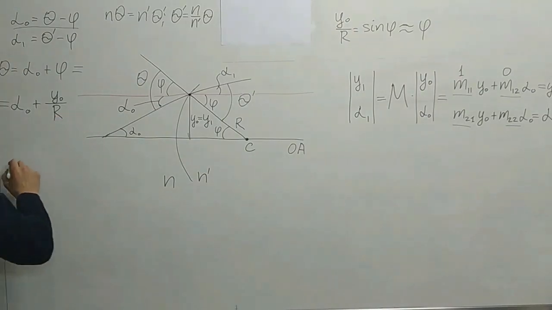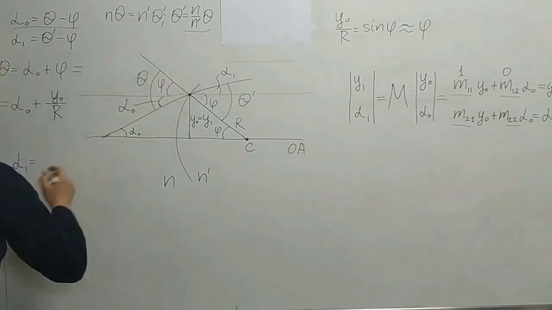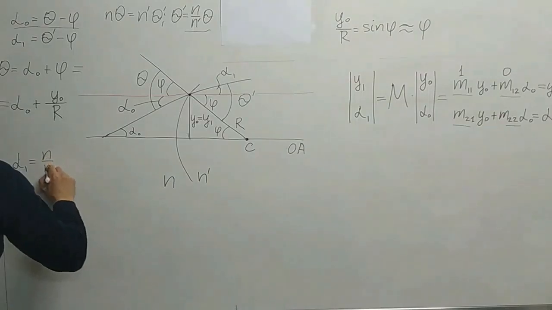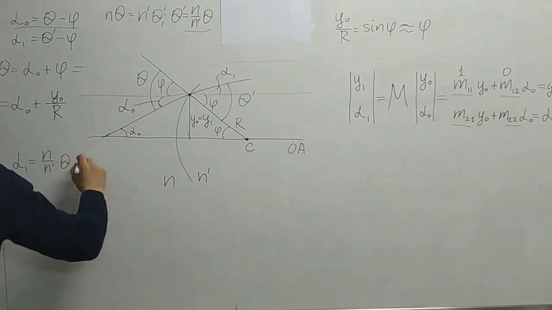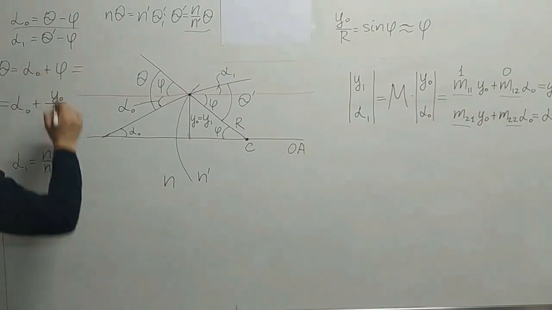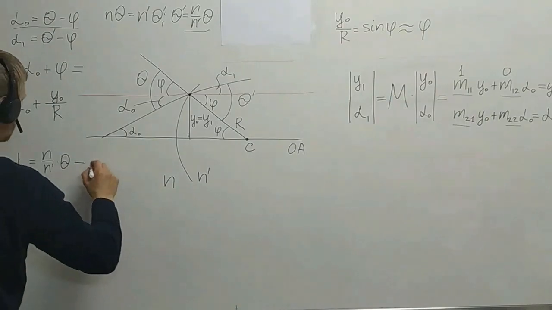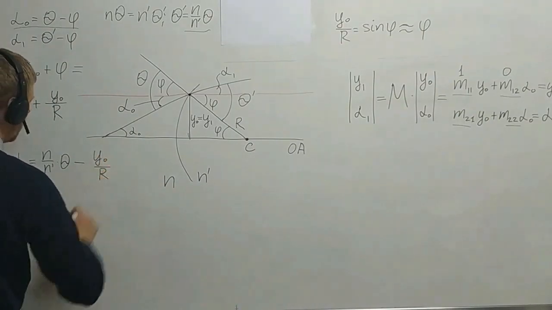And now I can write alpha 1 is equal to theta prime, which is n over n prime times theta, minus phi, which is minus y0 over r.